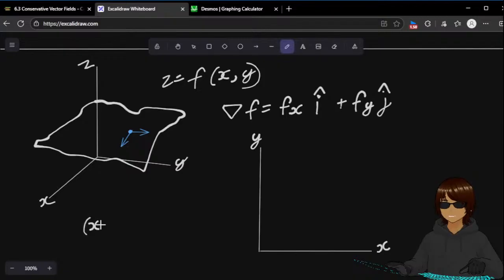So for every x, y input, there will be a unique z output, and we can display the gradient of f in just the xy plane. So for example, this can be displayed over here. And if we have a gradient over here, much above, it can still be displayed here.